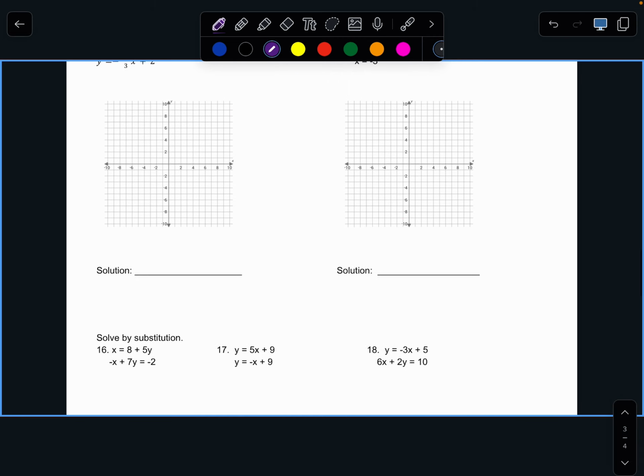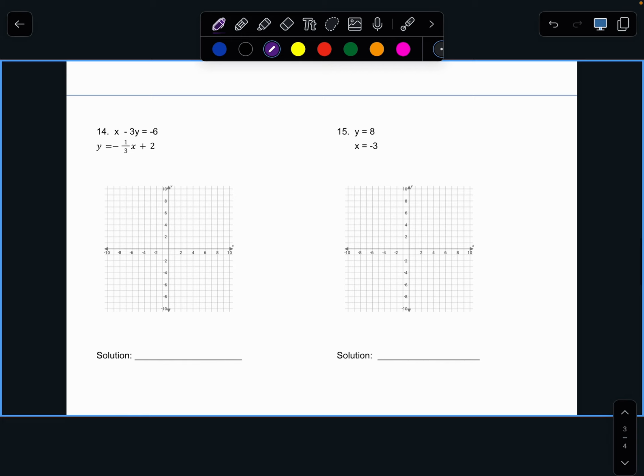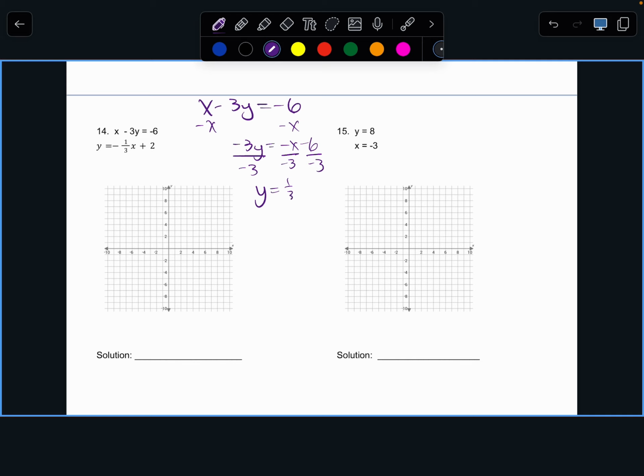Okay, next. I have x minus 3y equals negative 6. I need to subtract x from both sides. Negative 3y equals negative x minus 6. Divide by negative 3. Y equals 1/3 x plus 2.